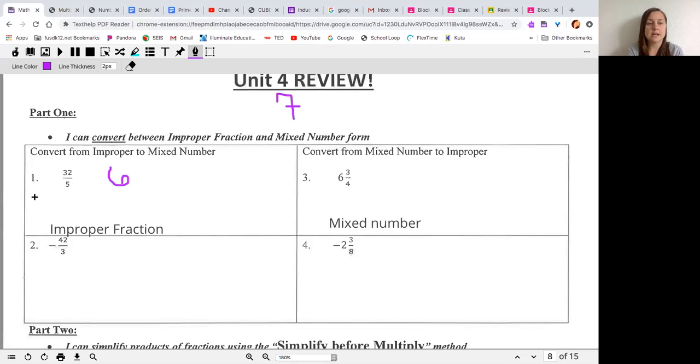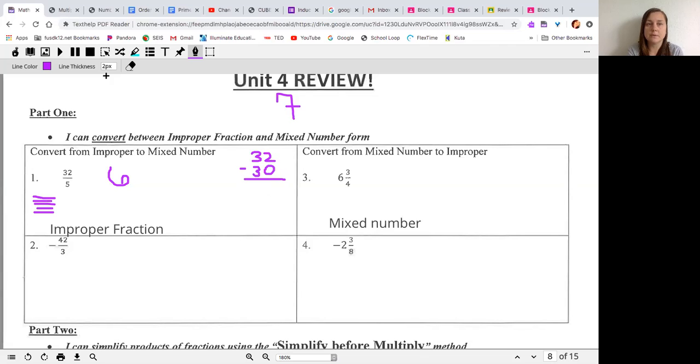So if I were drawing diagrams, that would mean I would have 6 complete rows, 4, 5, 6. And then I need to say, well, how many will be left over? So 6 times 5 is 30. So I take the numerator 32 and I subtract 30 of them. And I say, well, how many is left?